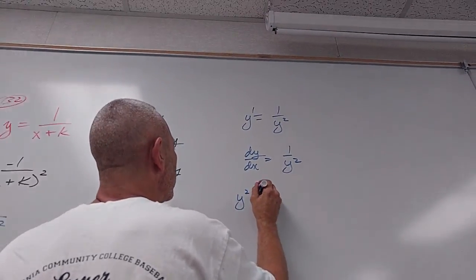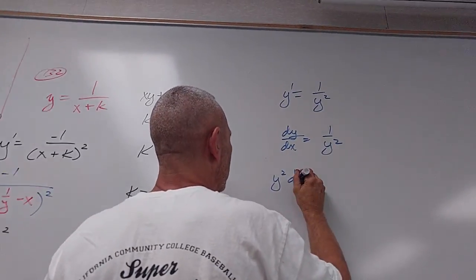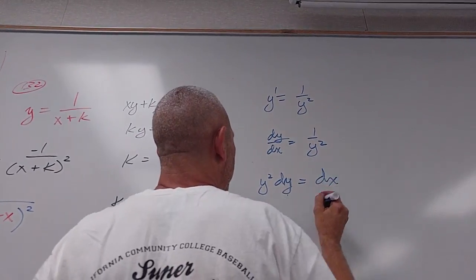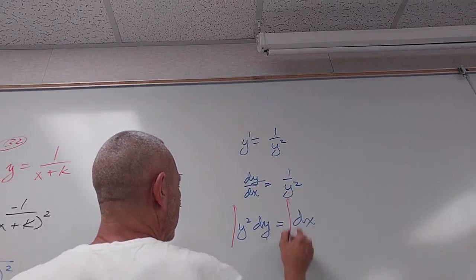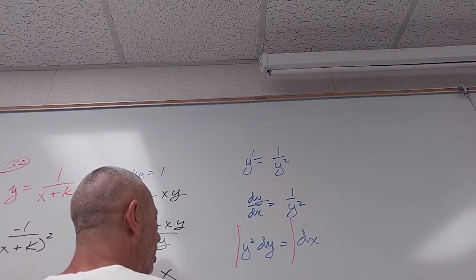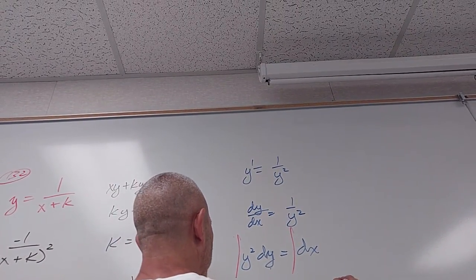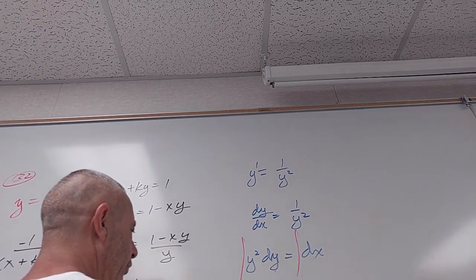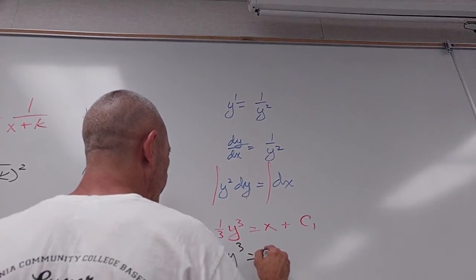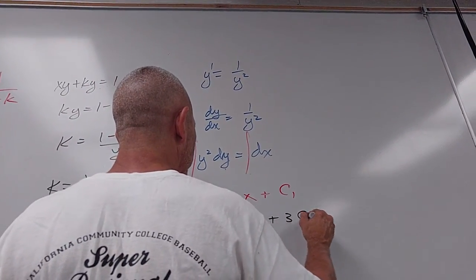So y squared dy equals dx. Let us integrate. So 1/3 y cubed equals x plus c1. And so y cubed is 3x plus 3c1.